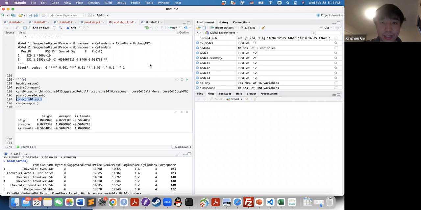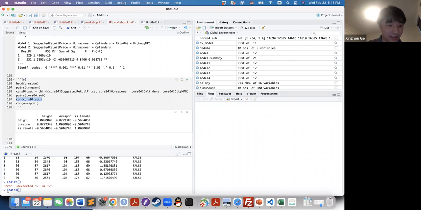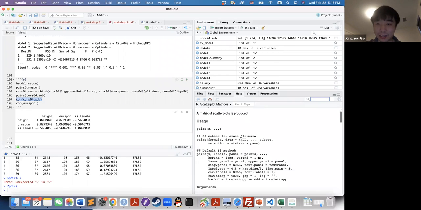So you'd have to create a subset, but there is no way to do it within the pairs function, right? Yes, I think that's true. And let me see whether it's true. Maybe there is some way to do this, and let me see whether the pairs function has such an option.